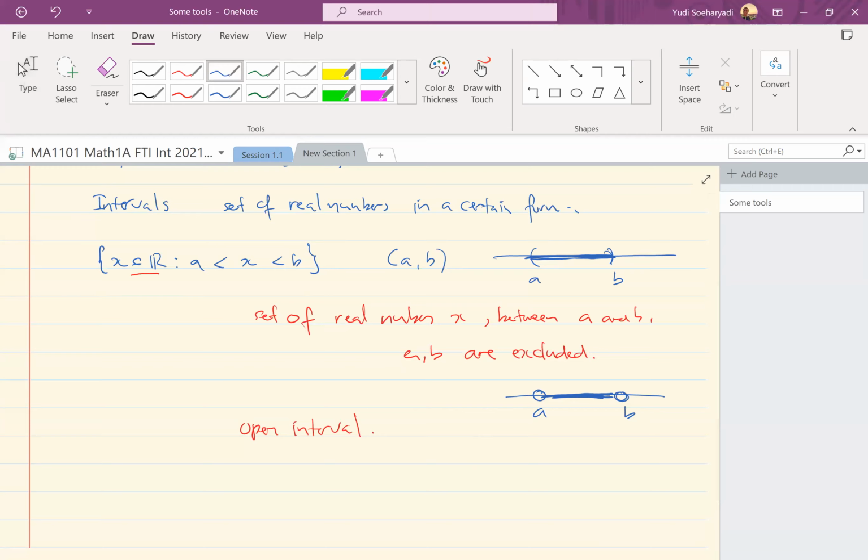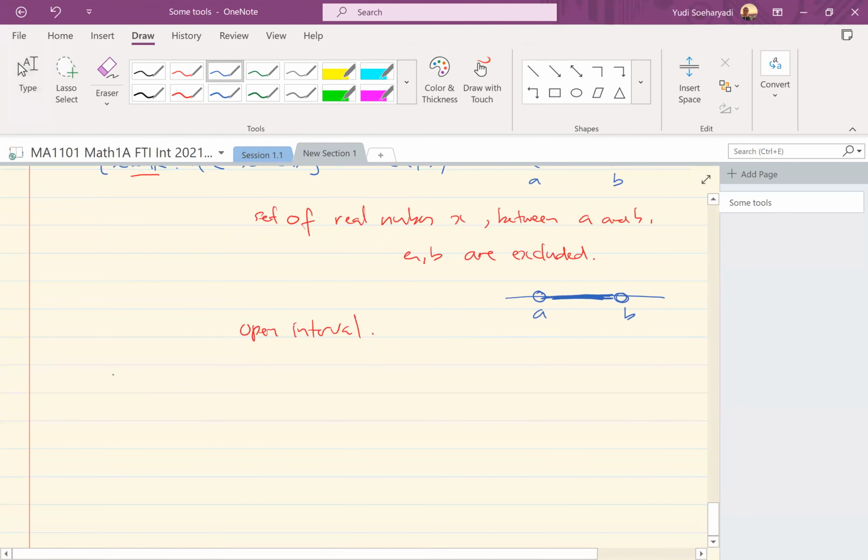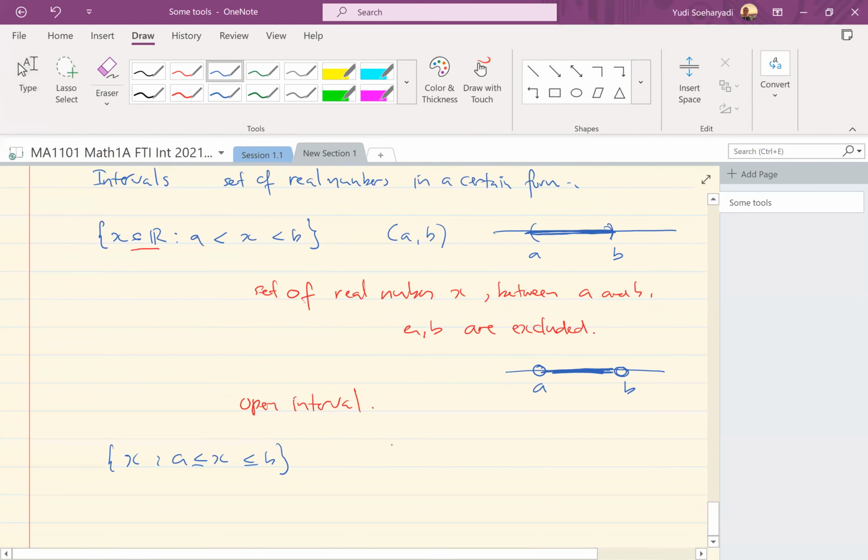In contrast, you have X between A and B. But here A and B are included. So the notation is something like this. So you use the square bracket in the graph notations, the square bracket here.